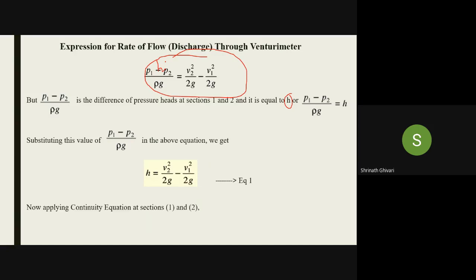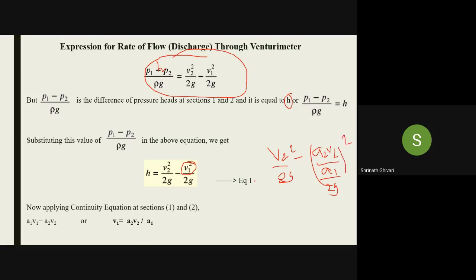Now we apply the continuity equation, because we have both the unknowns, V2 and V1. So we reduce it to only one term: A1 V1 equals A2 V2, so V1 equals A2 V2 divided by A1. Whatever value is there for V1, I'm going to substitute A2 V2 by A1, so that we can get two V2 terms: V2 square by 2g minus A2 V2 divided by A1, divided by 2g, this whole square.